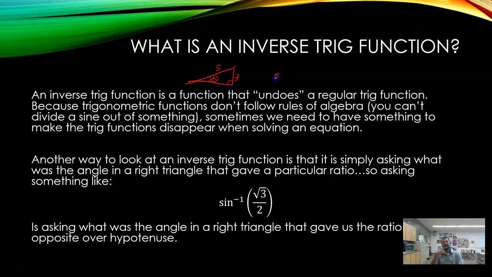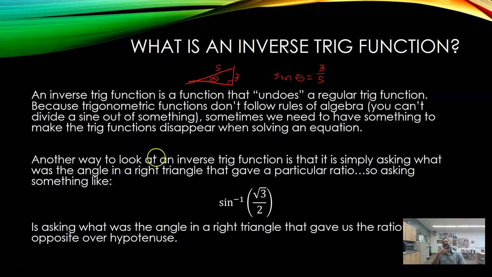What we learned before is that the sine of that angle, we can call it x or theta or whatever, is equal to the opposite side over the hypotenuse. And when we take the sine of a specific angle, we're just saying that that is the ratio of the opposite side to the hypotenuse in any given right triangle that has that particular angle.